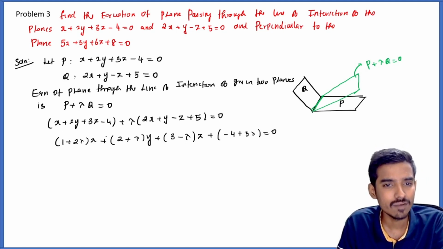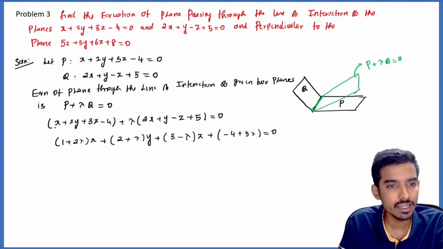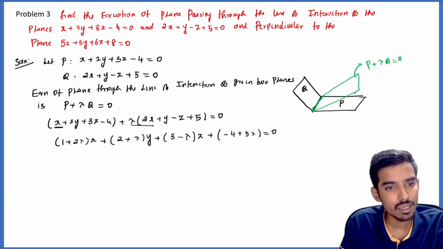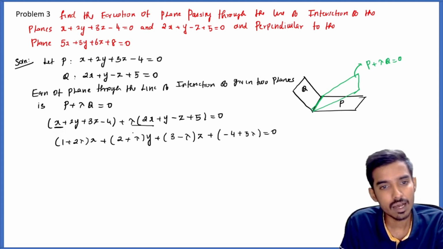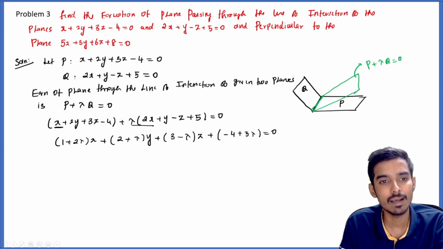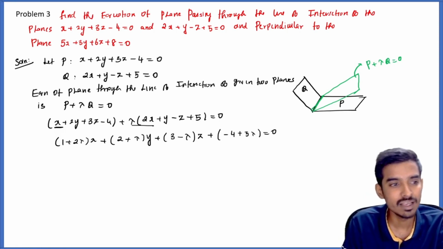If you take x outside, it is 1 plus 2 lambda; y outside, 2 plus lambda; z outside, we have 3 and minus lambda, so it will be 3 minus lambda. The constant term is minus 4 and 5 lambda, so minus 4 plus 5 lambda. This is the required equation of the plane.